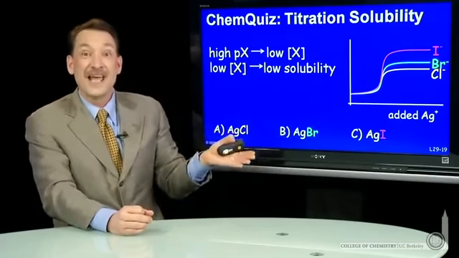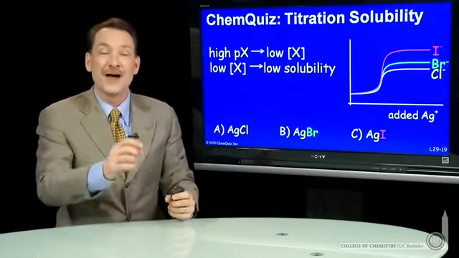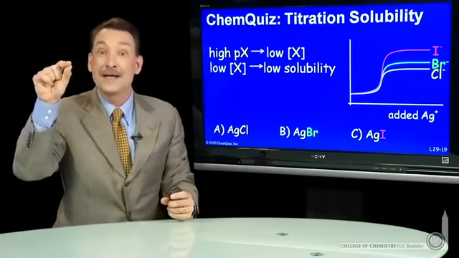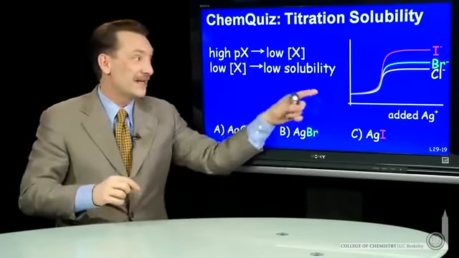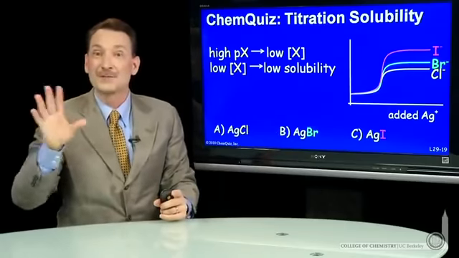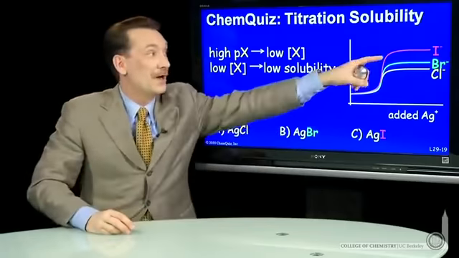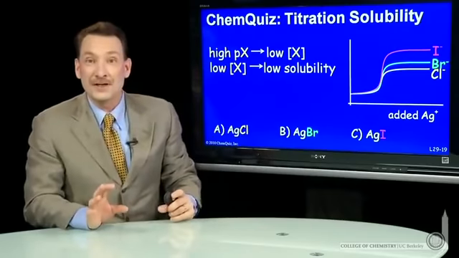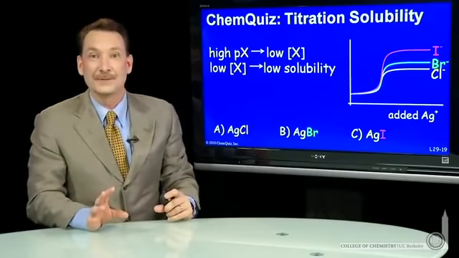So if the pX is high, then you have 10 to the minus high number versus 10 to the minus low number. 10 to the minus high number is a smaller number. So this represents the smallest concentration of iodine.